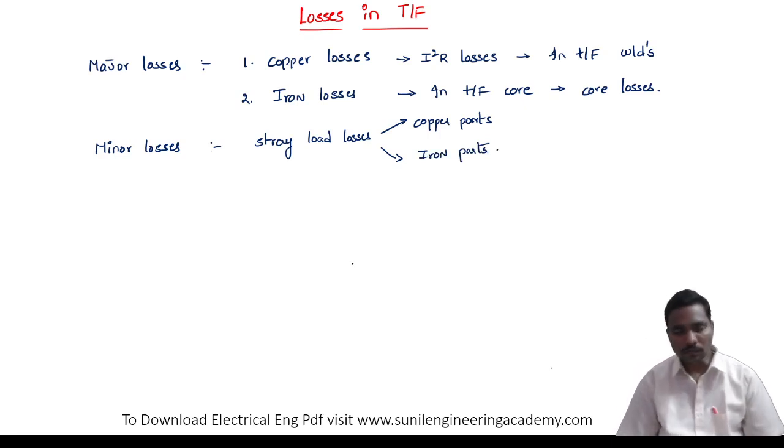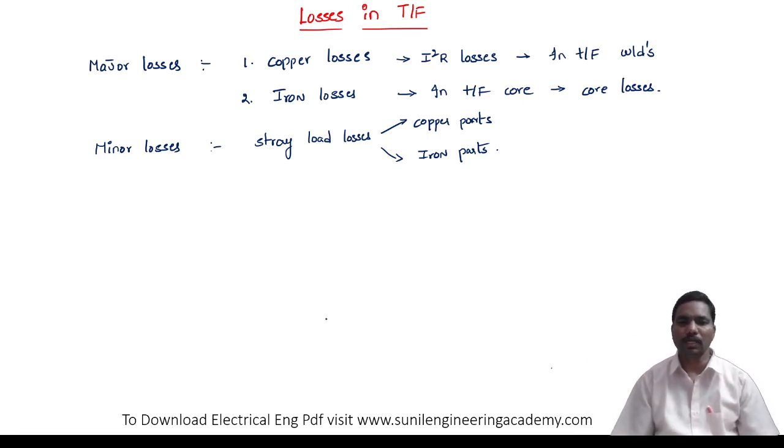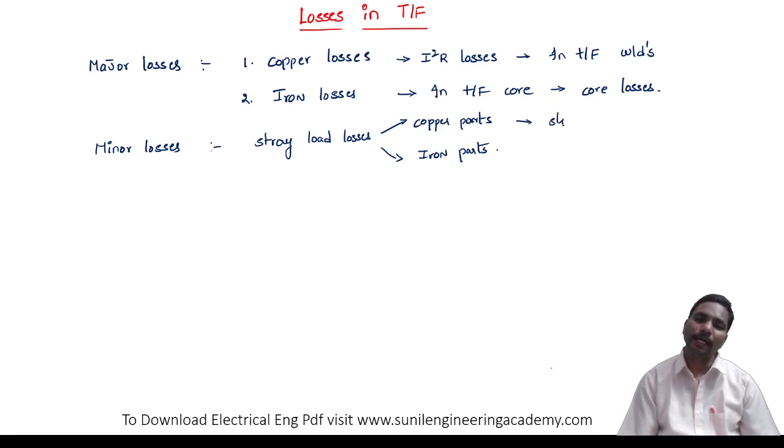Whenever the part is solid in nature, we may get circulating currents, stray currents. Due to that, we are getting the losses. Those are stray load losses. To avoid this, generally we go with stranded conductors, used to reduce these losses.